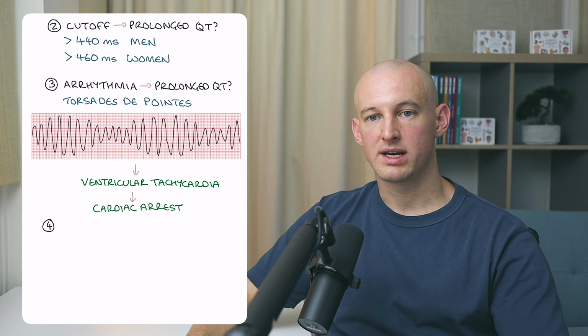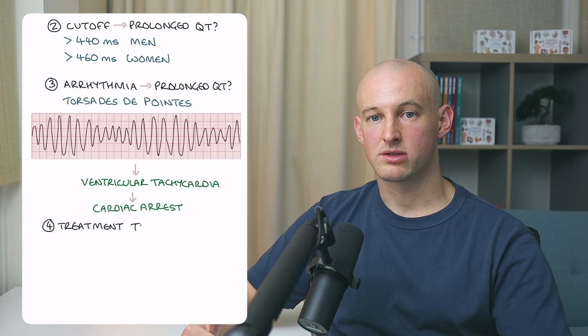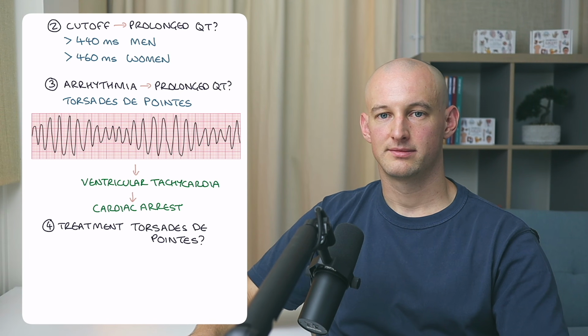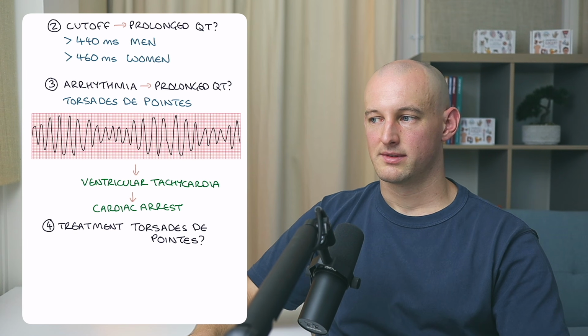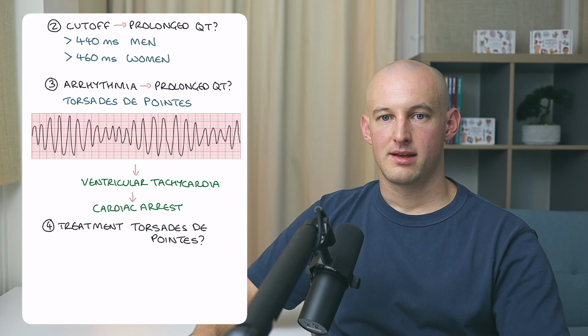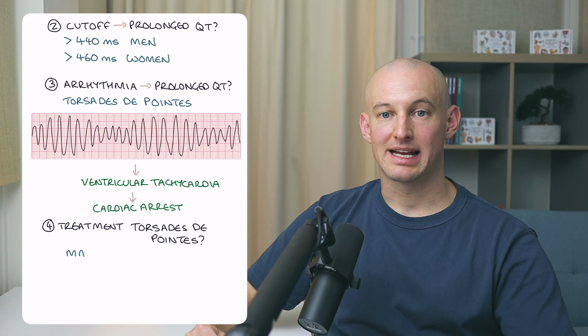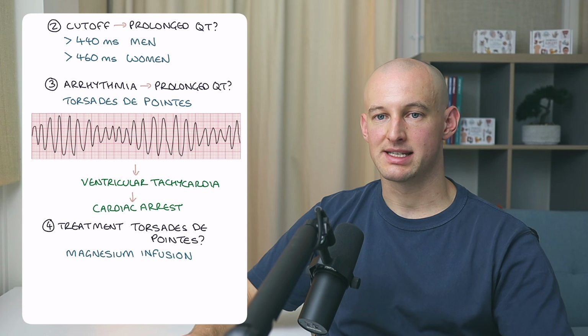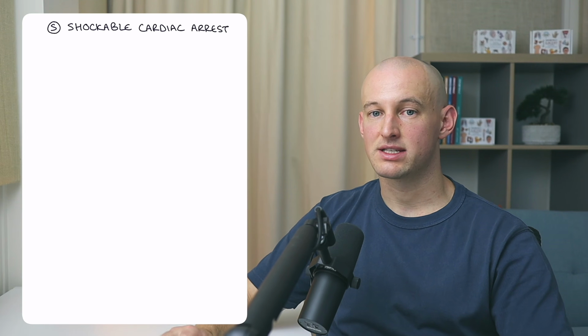Question 4. What is the treatment for this Torsades de Pointes? It is treated with a magnesium infusion, even in patients who have a normal magnesium level. And question 5, what are the shockable cardiac arrest rhythms?